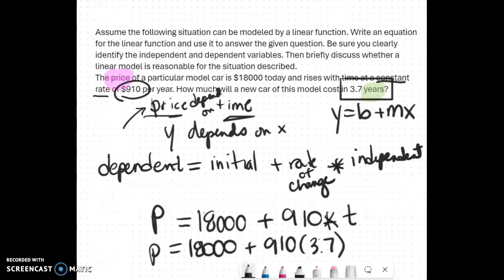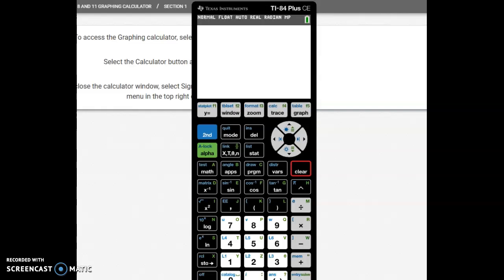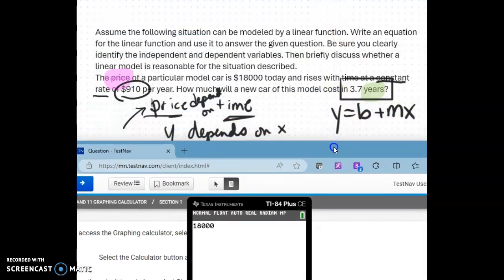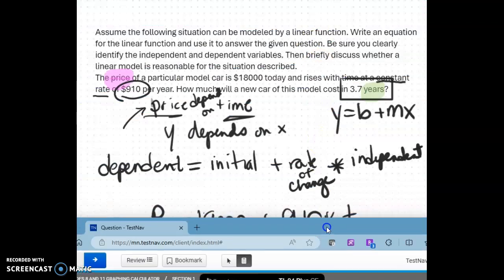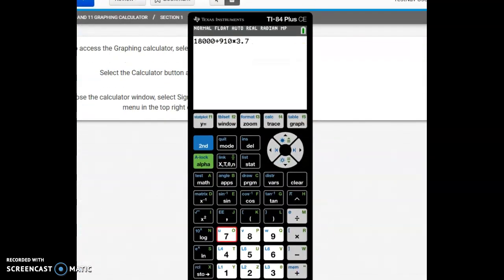I'm going to put that in my calculator, and I can put this all in one line: 18,000 plus 910 times 3.7, then hit enter, and this is the answer I get.